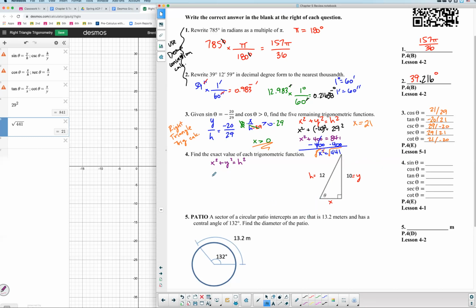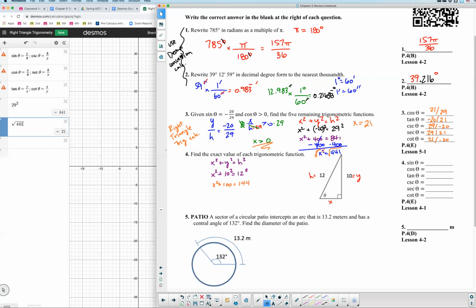So I'm going to have my x squared plus 10 squared is going to equal 12 squared. So we'll have x squared plus 10 times 10. Does anybody know what 10 times 10 is? 100. And what about this one? 12 times 12? 144. All right, good.